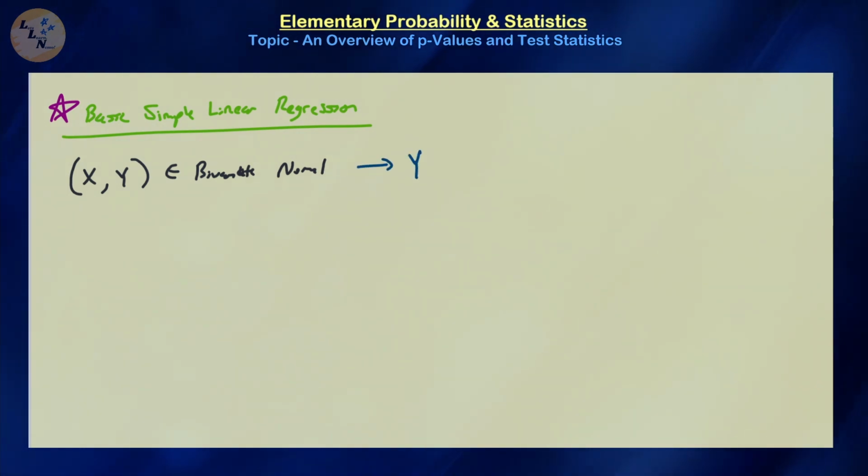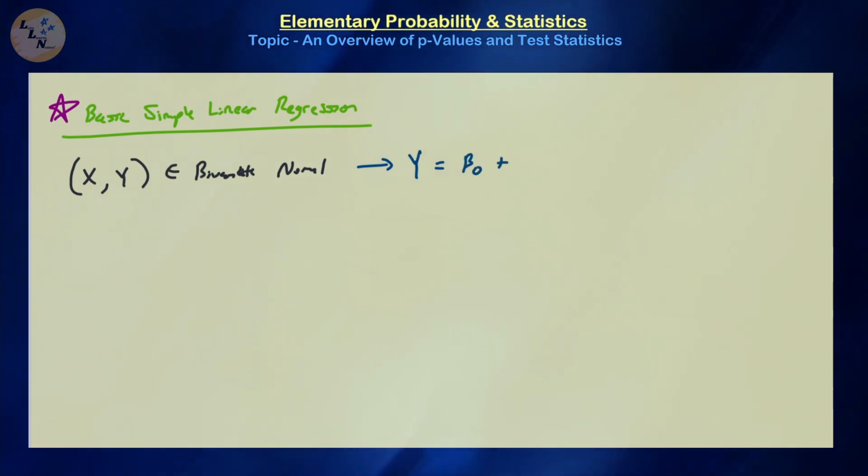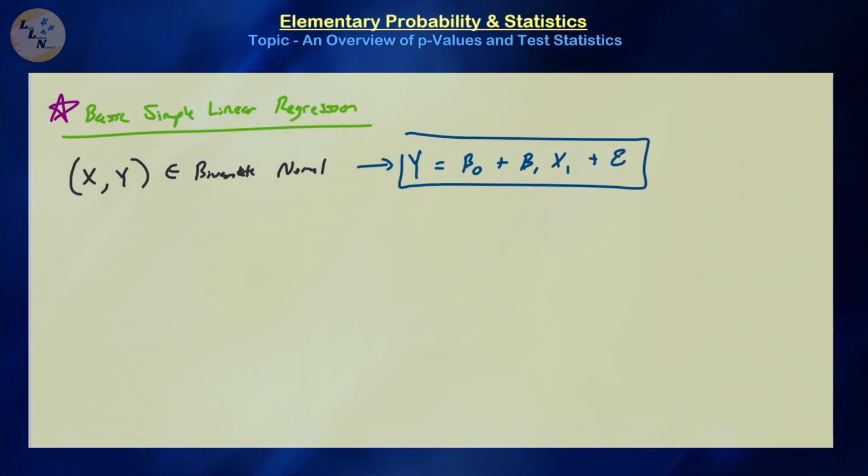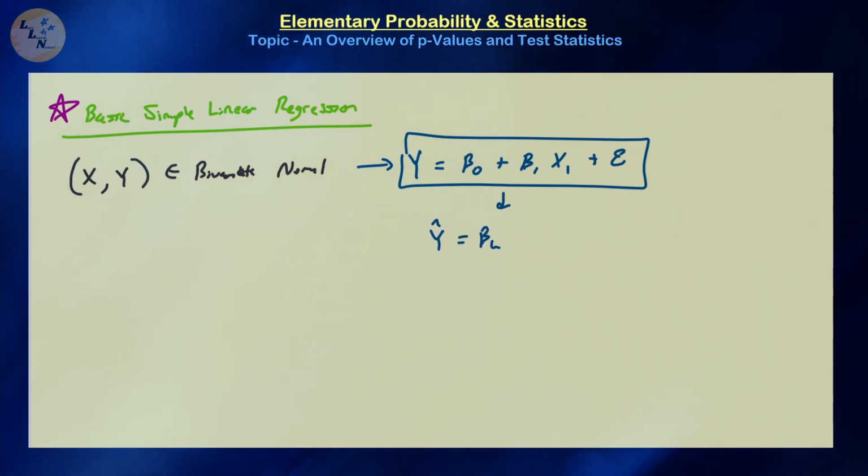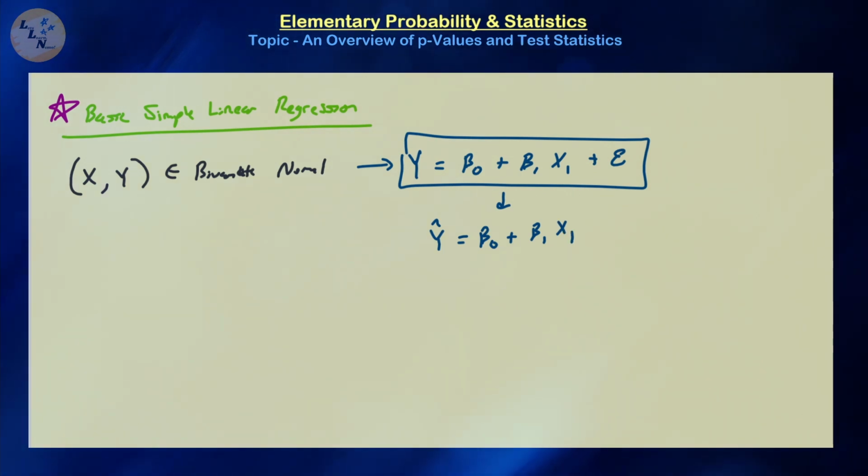That is, there exist these numbers beta 0 and beta 1 such that y is equal to beta 0 plus beta 1 x1 plus some residual associated to that value. Right? So at least from the prediction perspective, we can say that y hat is going to be equal to beta 0 plus beta 1 x1. That is the true prediction associated to those values.